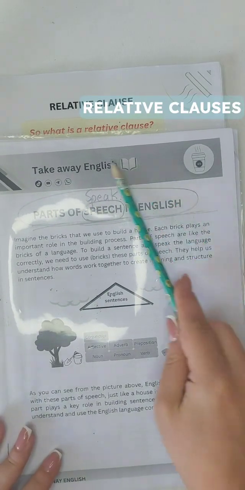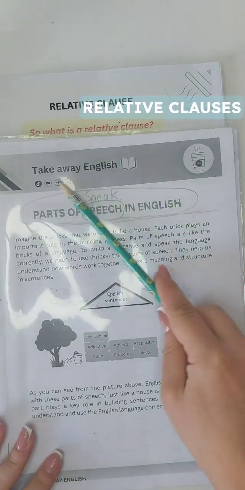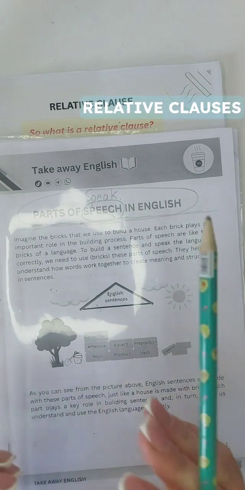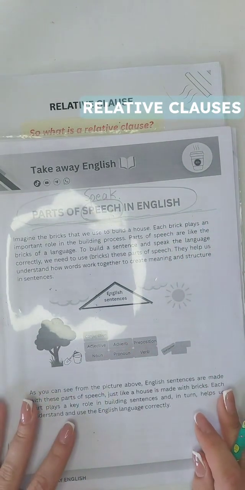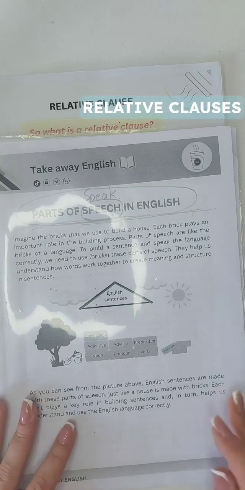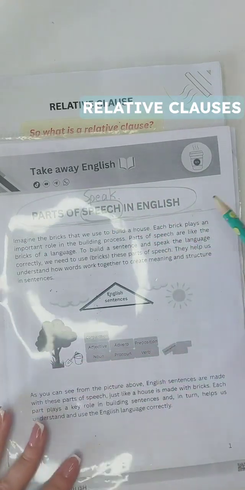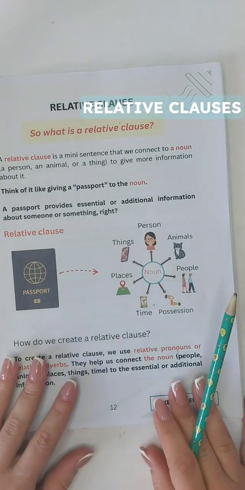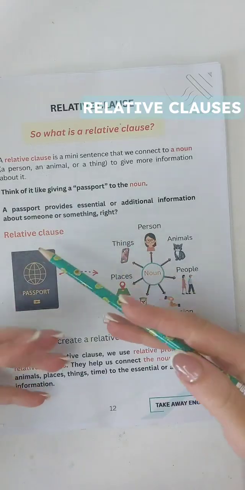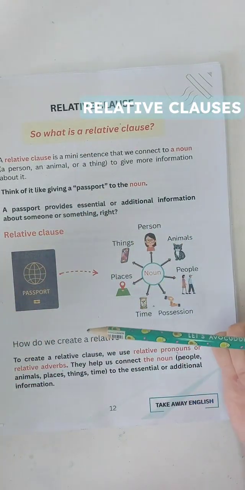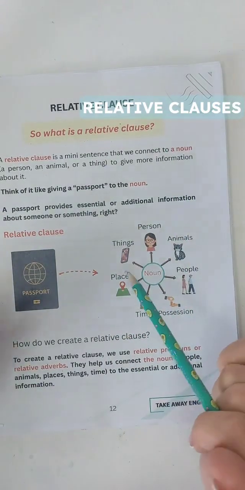These words are the foundation of the language. If you already know what a verb is, what a noun is, what a pronoun is, it'd be easier to understand the rules and the structure of each sentence.